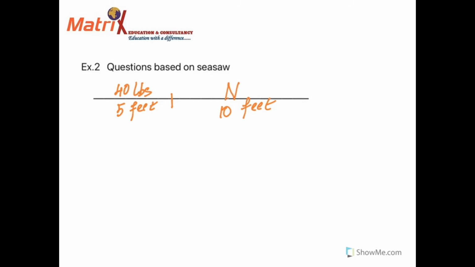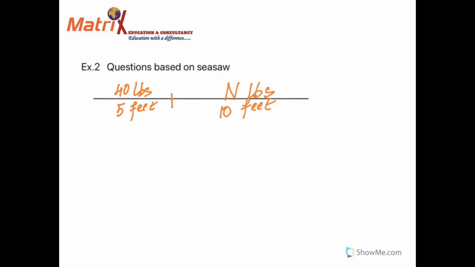The other side could be n pounds and the person is 10 feet away. Now the question would be, find the value of n pounds. I repeat, the questions could be based on finding the n pounds. Sometimes they might give you the pounds and ask you to find the feet. The concept is the same. That's why I have clearly written questions based on seesaw.